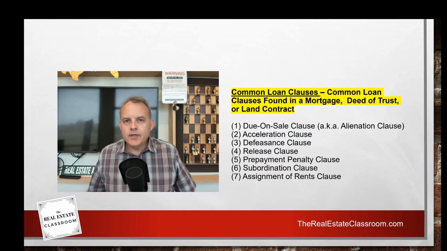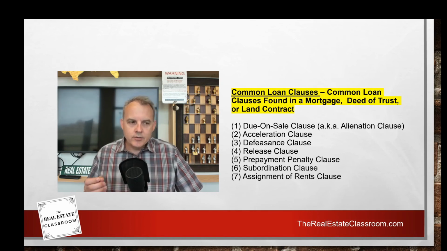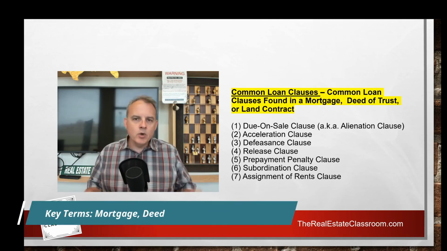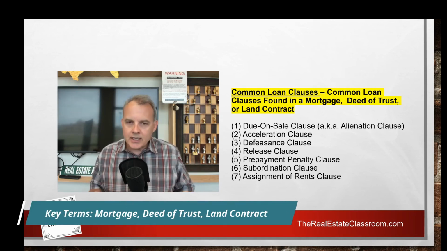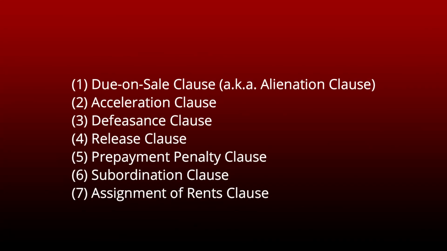So in today's video, we're going to discuss 7 common contingencies or 7 common loan clauses that are really paramount in just about any loan document, including a mortgage, a deed of trust, or even a land contract. And those 7 clauses are due on sale clauses, sometimes known as an alienation clause.